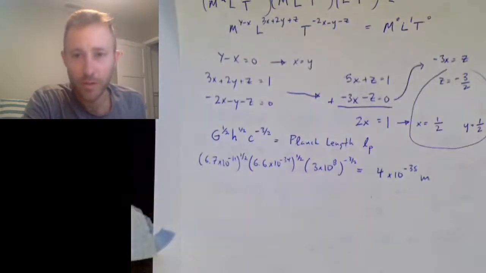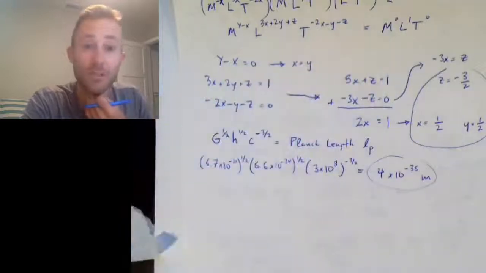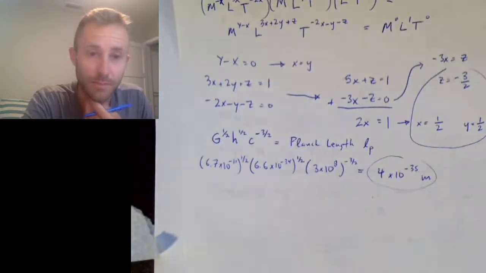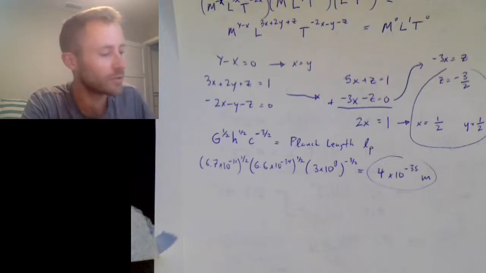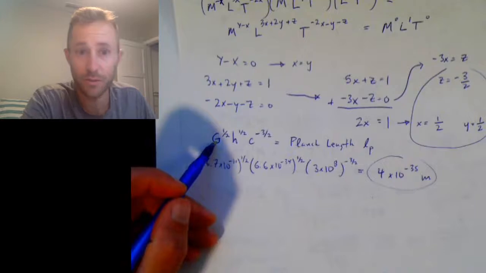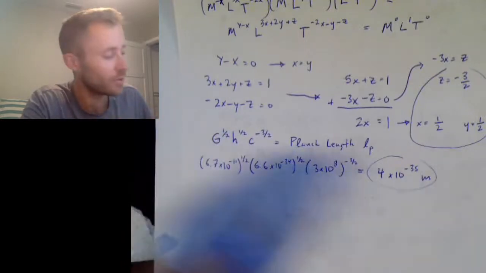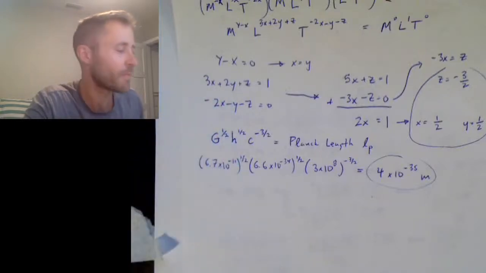So we think that possibly that is the smallest distance scale in the universe. It's based on the fact that this is the unique length that you can build out of these fundamental constants of nature. These are the most fundamental constants that we have in nature.